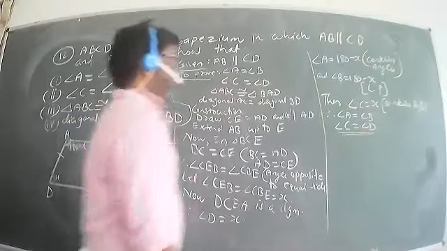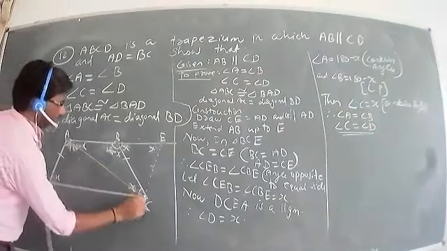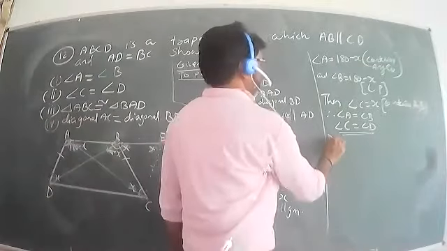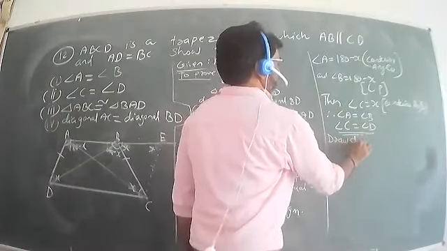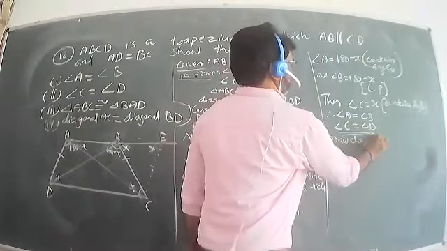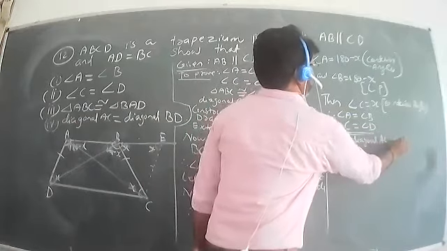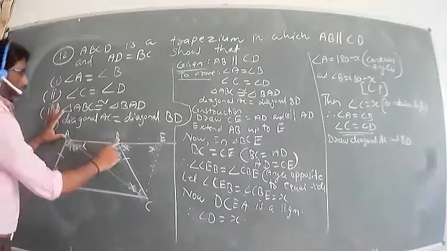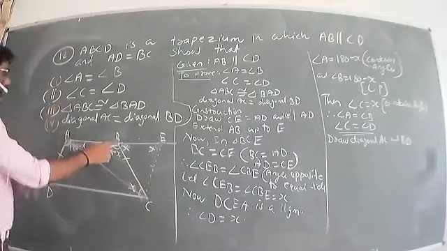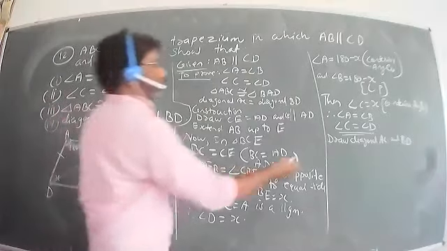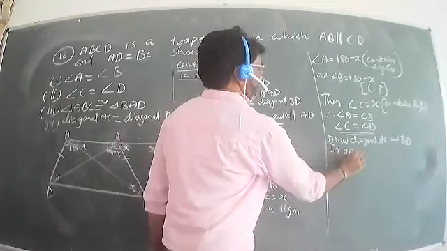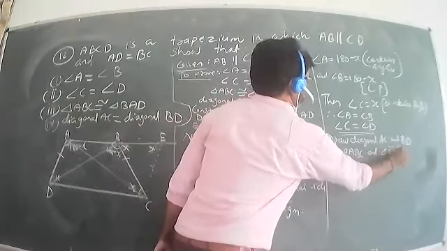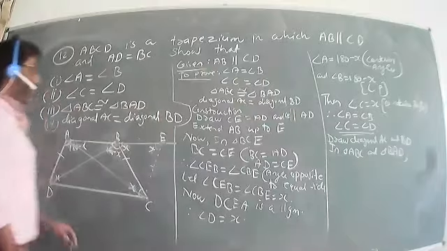That we have proved. Now we have to join diagonal AC and diagonal BD. Draw diagonal AC and BD. If you draw diagonal AC and BD in triangle ABC and triangle BAD, we can prove that they are congruent.